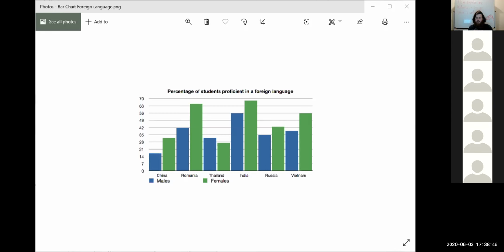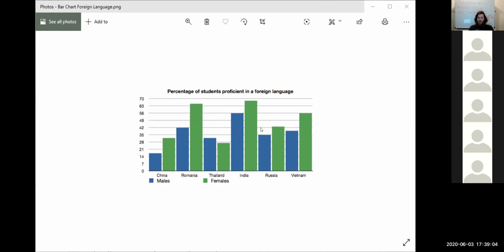Excellent. Now, guys, instead of just giving percentages here, what could we say if we were to compare, let's say, India to China, for example?